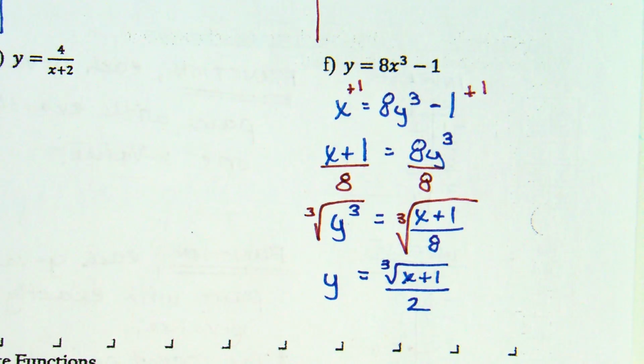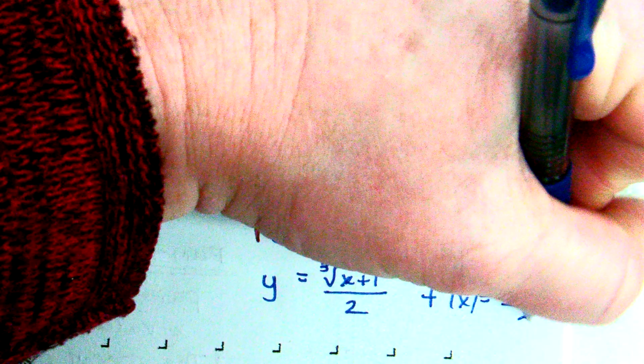Do I put the plus or minus? No. When's the only time I use the plus or minus? Even roots. So square roots, fourth roots, sixth roots. Okay. Just a friendly reminder. So, to write this in final form, I'm going to write f inverse of x equals the cube root of x plus 1 all over 2.